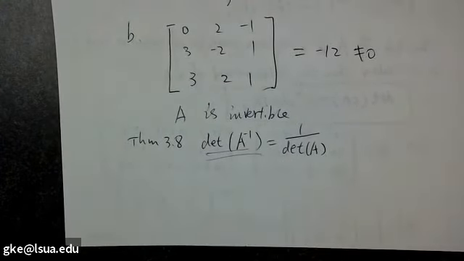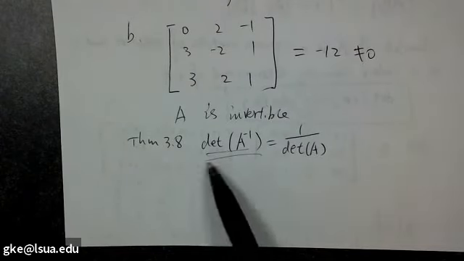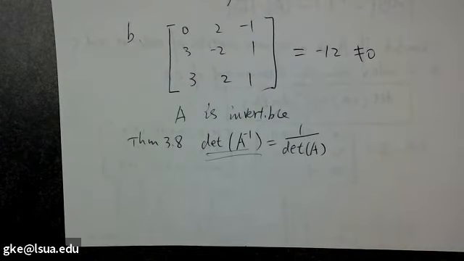Otherwise, it will require a lot of calculation. For A inverse, we would use Gauss-Jordan elimination, get A inverse, then calculate the determinant. There are more steps, so here I'm going to simplify it.